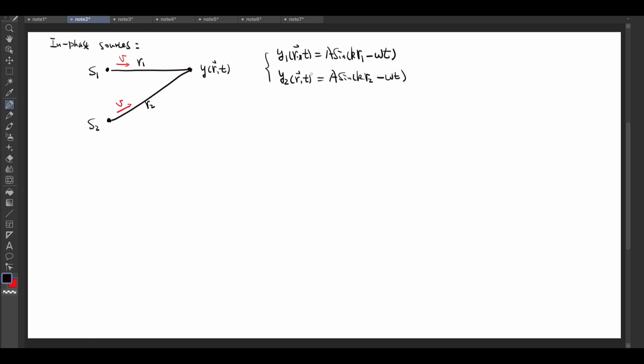Okay, and the summation of them now is given by y1 plus y2 equals a, and then the two sine functions' summation.